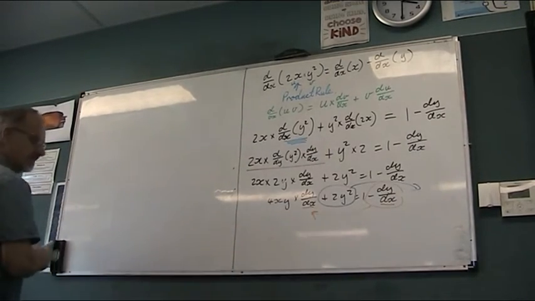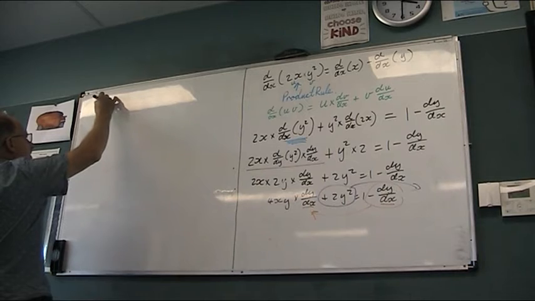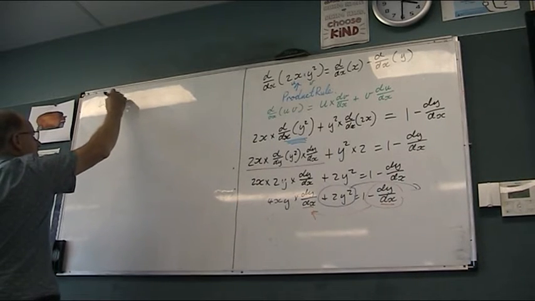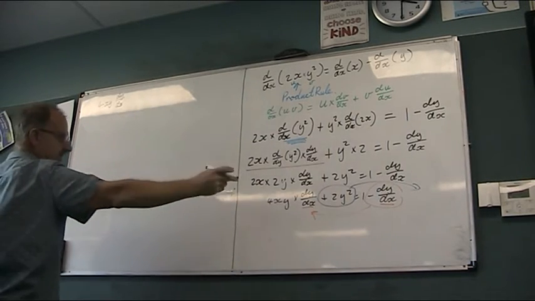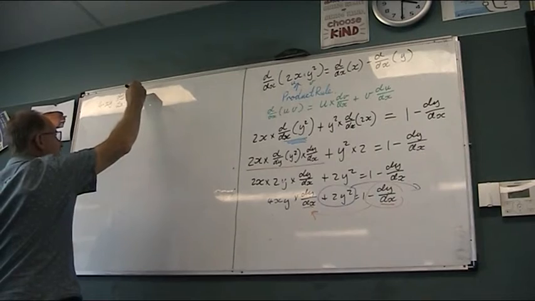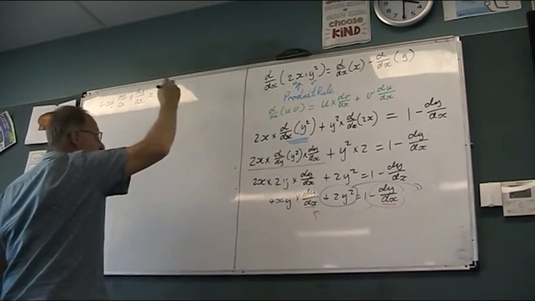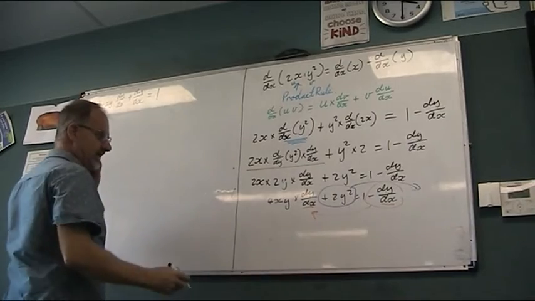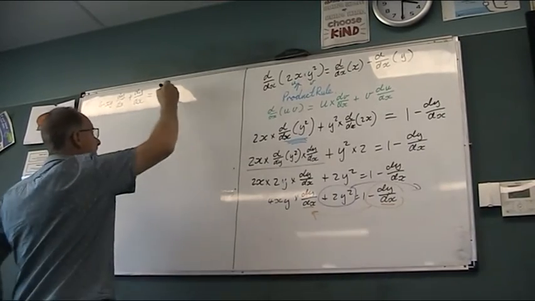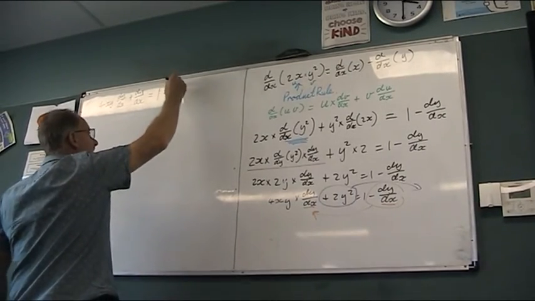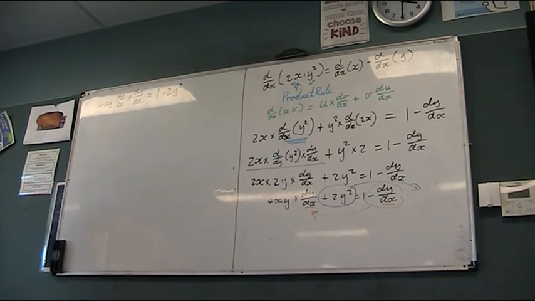Alright. So we've got 4xy dy dx. Then when I bring that other one, I've got to add it. That one that was there already is still staying there, and I'm moving my 2y squared. Now, what do you notice? Anything?